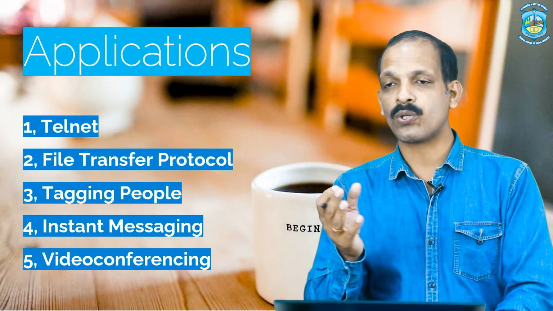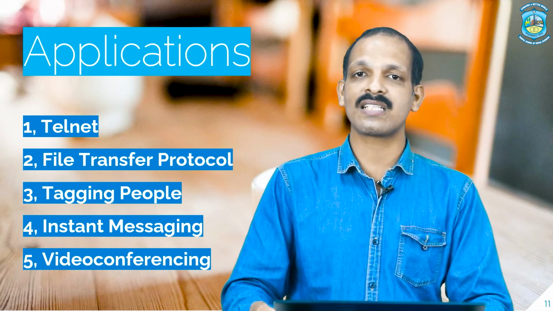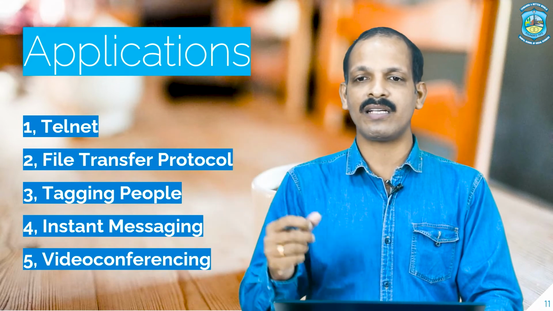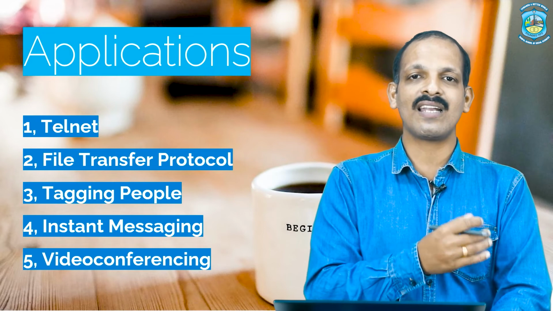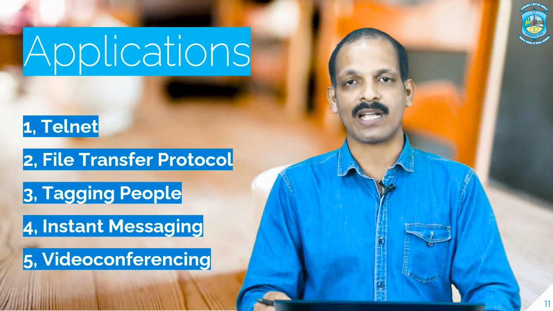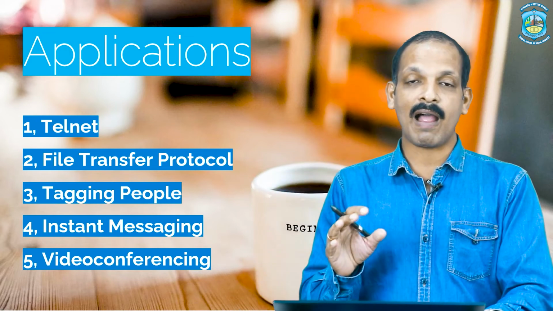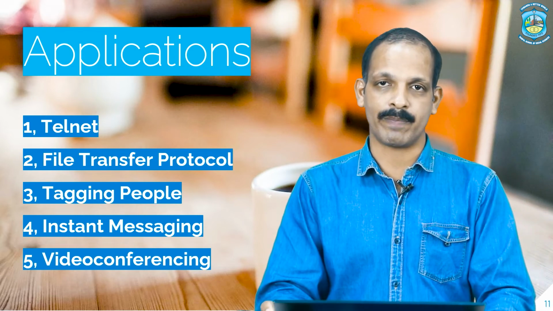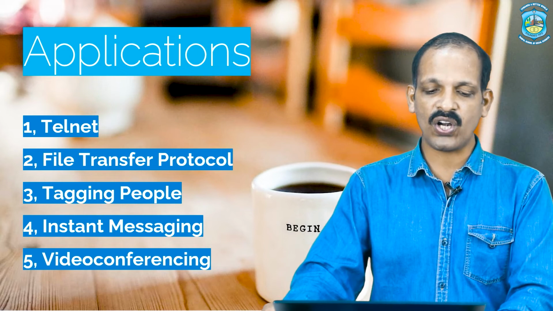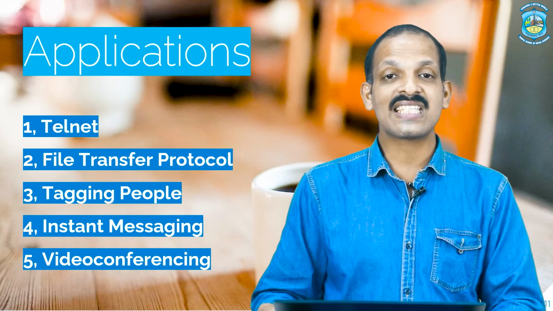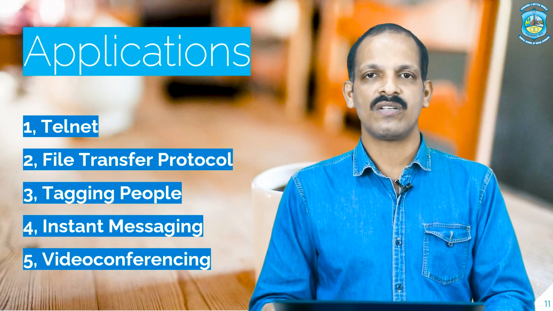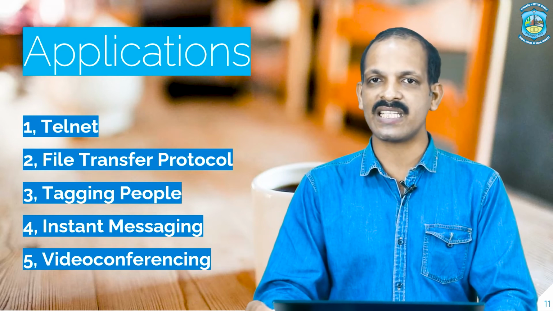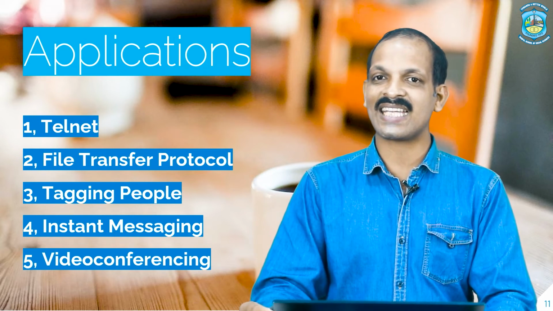So, they can go through different types of supermarkets and purchase items, taking the component, and the amount is automatically cut from the account. This type of application is commonly called tagging people. And the fourth application is instant messaging. Through mobile phones we are sending different types of messages, using different chatting applications.